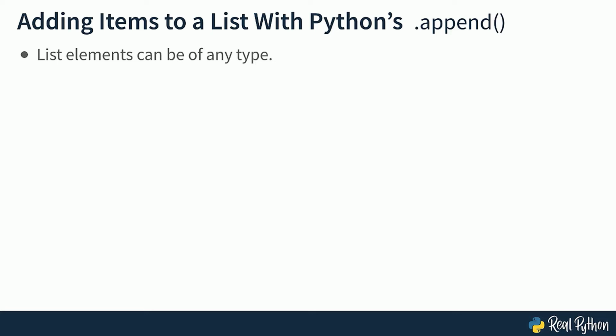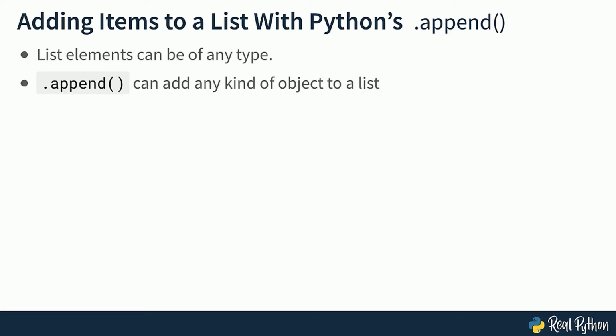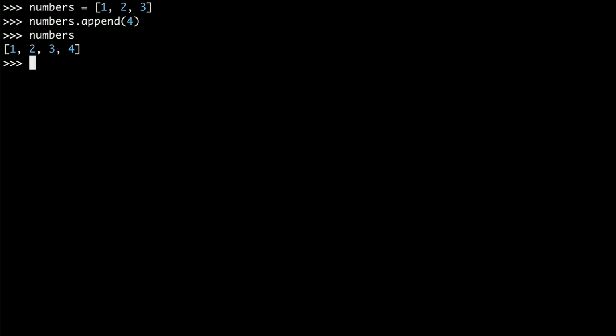In Python, the elements of a list can be any type of object. And append can be used to add any type of object to the end of the list. So you can start with a list of integers. Add another integer.